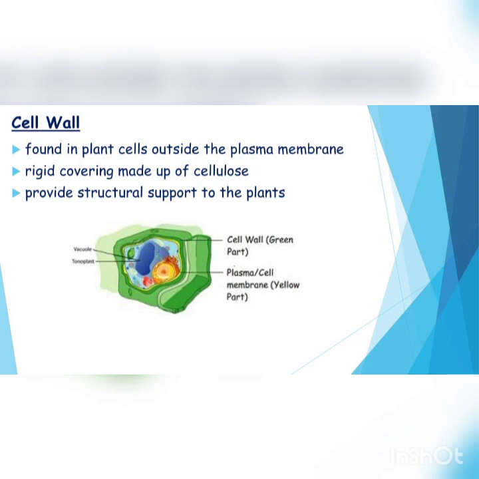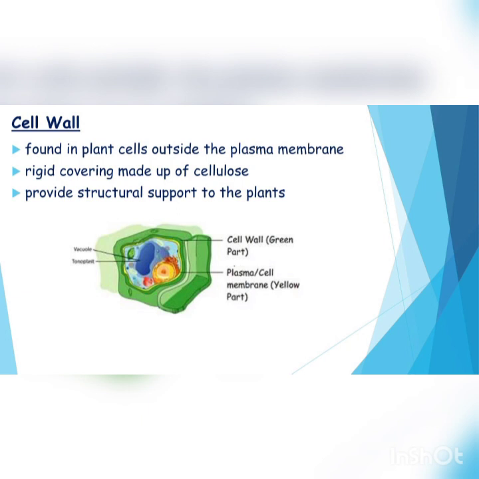It is found in plant and fungal cells. It is mainly made up of cellulose, a complex substance that provides structural strength to the plants. Cell wall permits the cells of plants, fungi and bacteria to withstand hypotonic conditions without bursting.